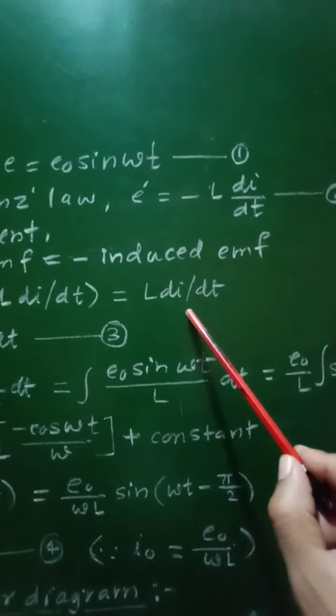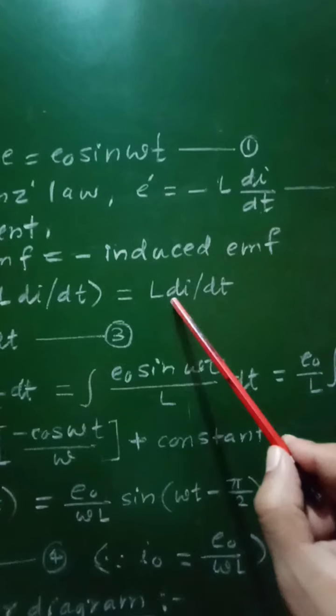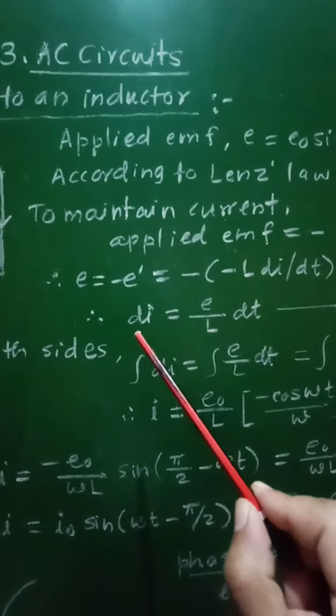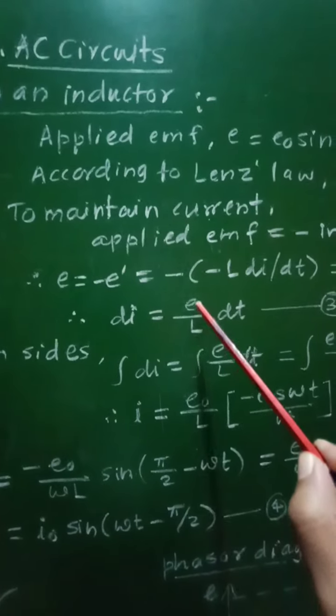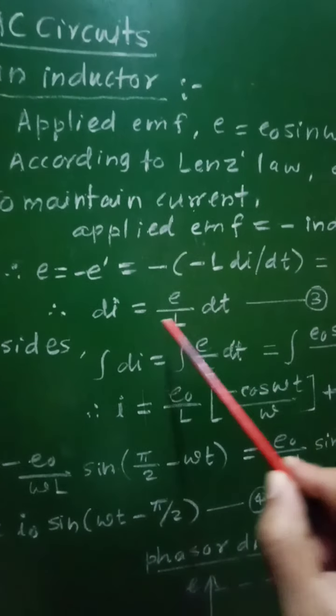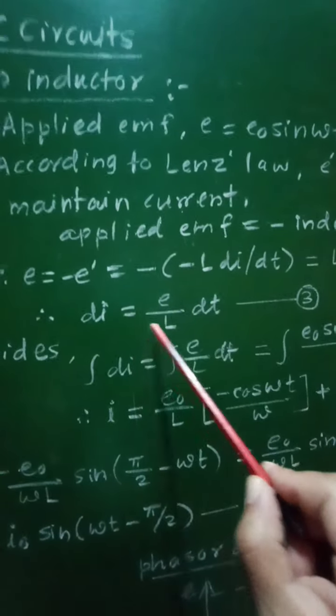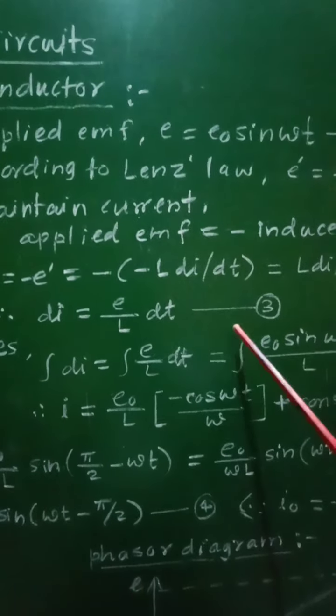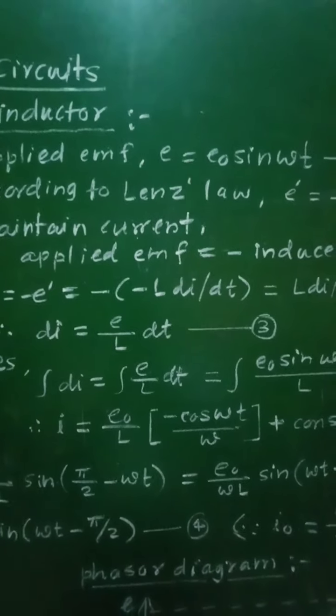Now from this equation, as E equal to L di by dt, we can write di equal to E by L dt. Let it be equation number 3.